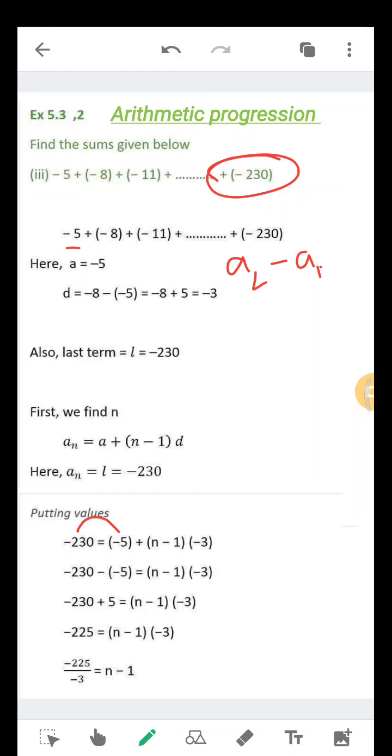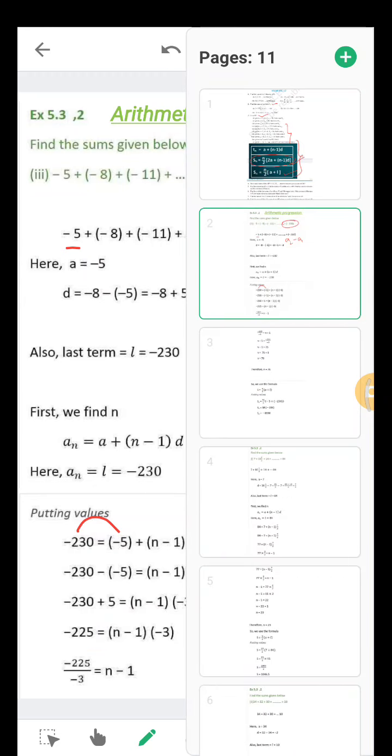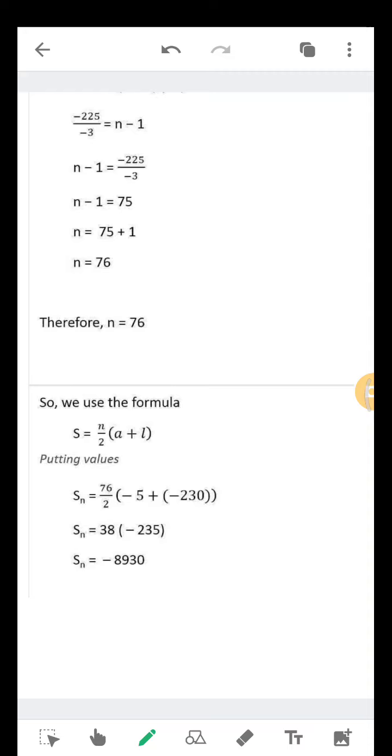Minus 5 becomes plus 5, and minus 230 plus 5 is minus 225, and minus 3 goes in the denominator, minus and minus get cancelled. In this way I'll find the value of n. So I'll get n minus 1 is equal to 75. If you cancel this, then n is equal to 76. 75 plus 1 is 76.